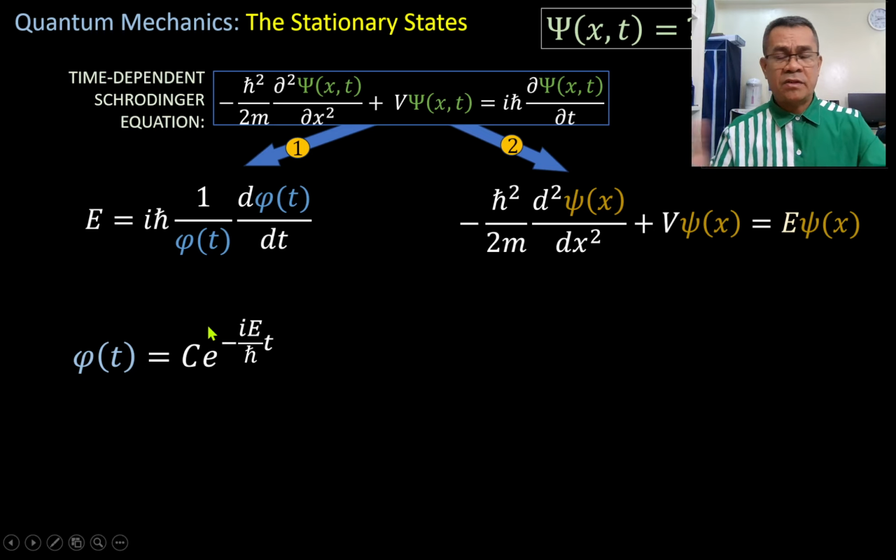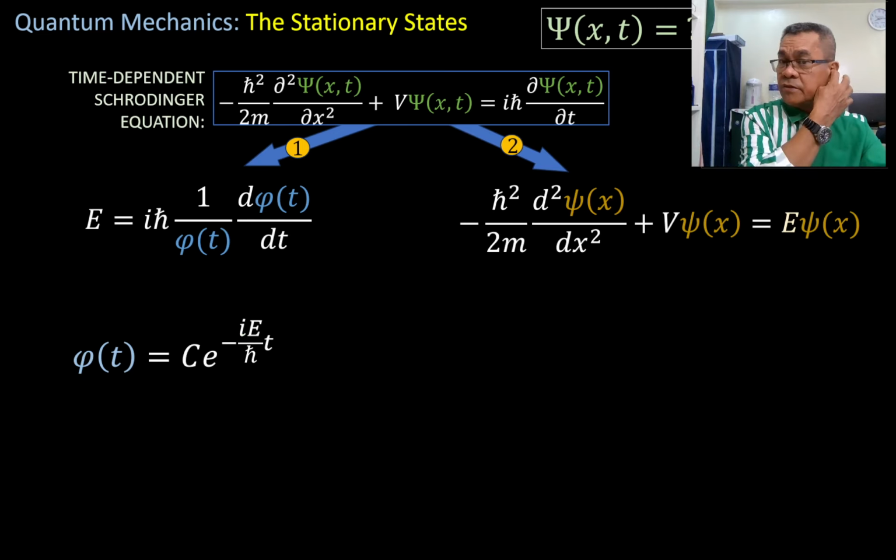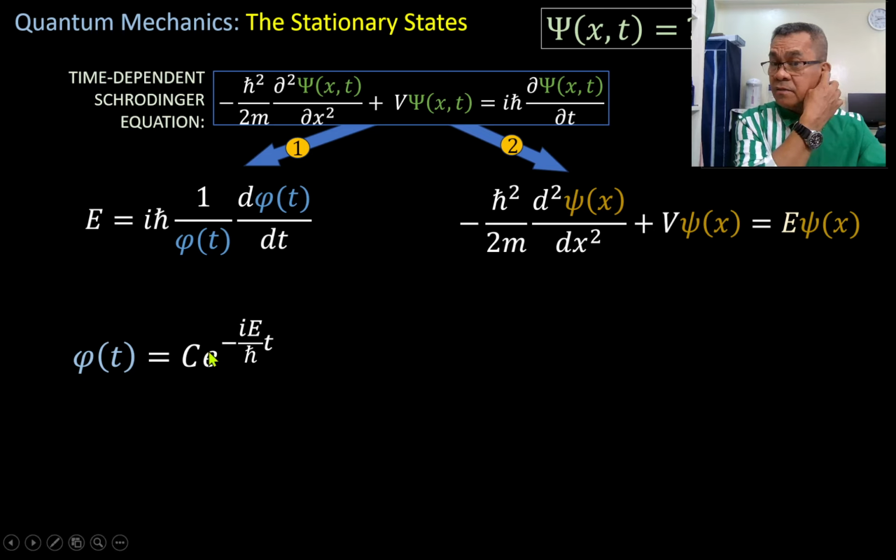Which means that we are now ready to provide the description if we have this value at any time. Okay? And take note, this is i. Now, i is in exponential form. If we have i here, this is an oscillatory behavior of the function.